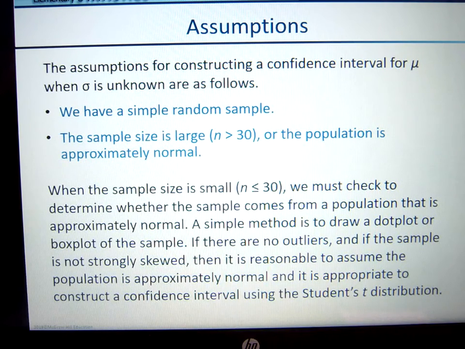Now we know how to do this. A simple method is to draw a dot plot or a box plot, and if there are no outliers and the sample is not strongly skewed, then we've learned from previous sections that it is reasonable to assume that the population is approximately normal, and it is appropriate to construct a confidence interval using the student's t-distribution.